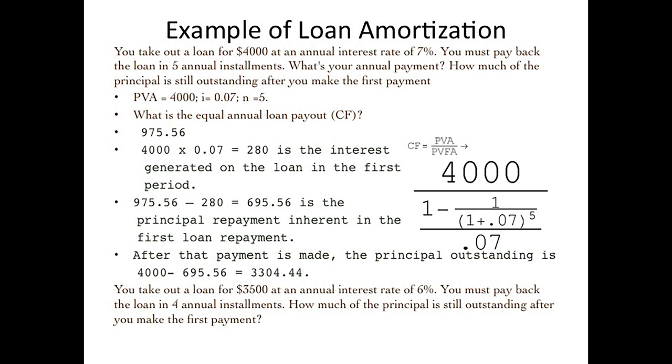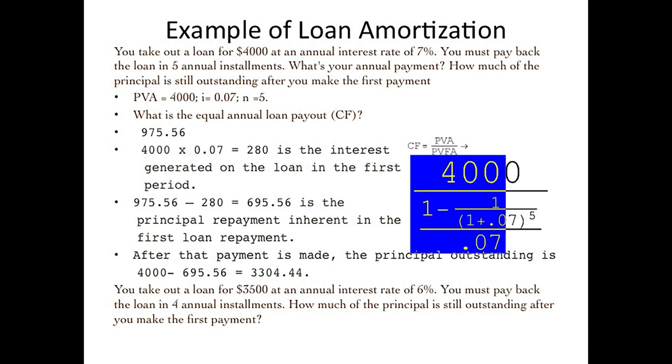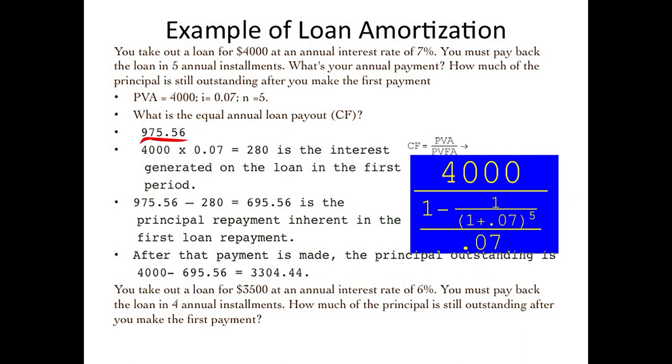So if you rearrange that equation, your cash flow becomes equal to the present value of annuity divided by the present value factor for annuity, which, as you can see here, is the 4,000 divided by that factor, which is 1 minus 1 over (1 plus i) raised to the power 5, divided by i. When you solve for that, your cash flow becomes $975.56. Those are the equal payments that you're making.